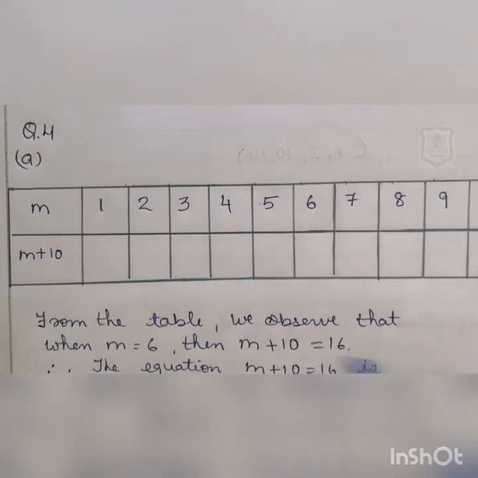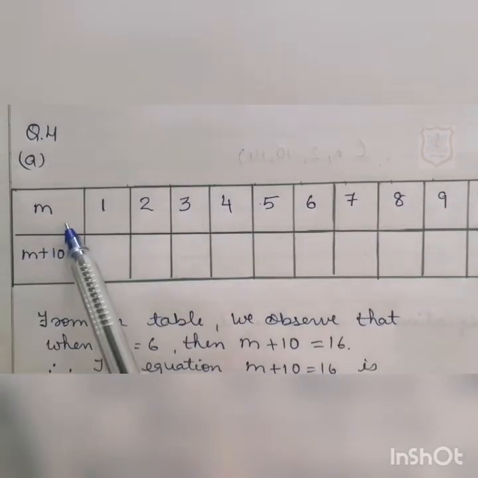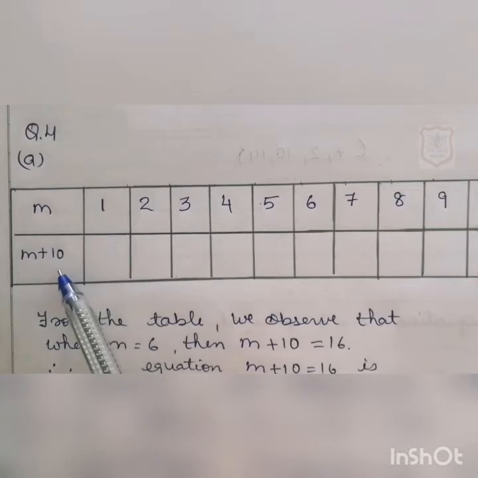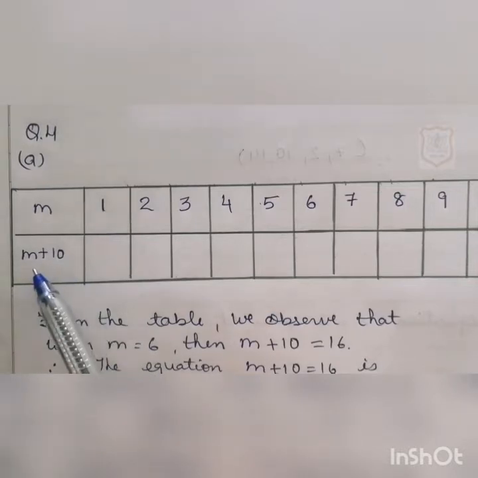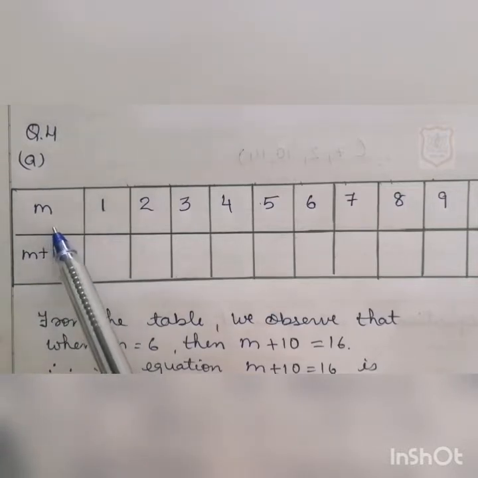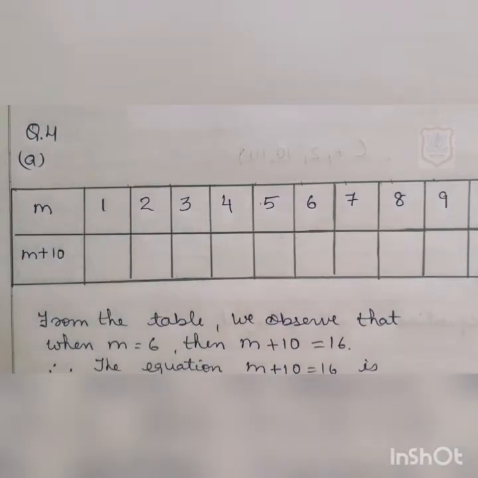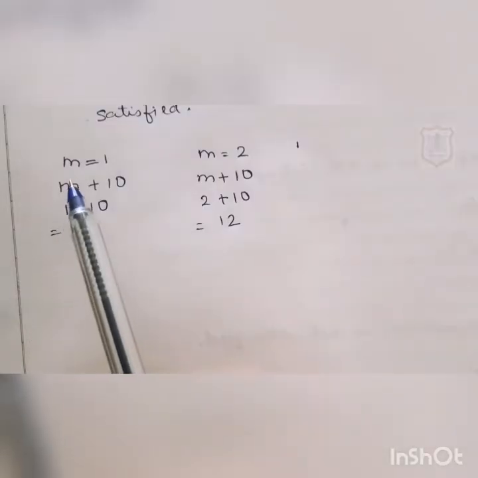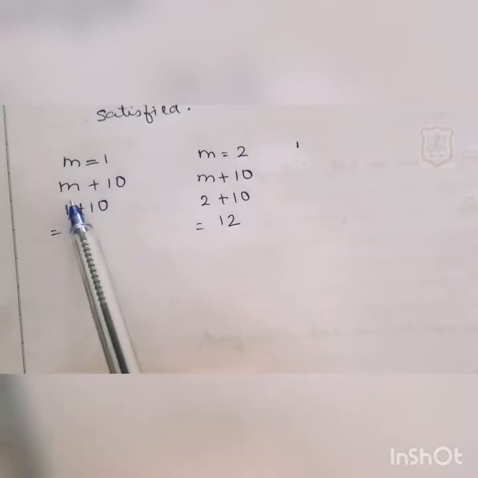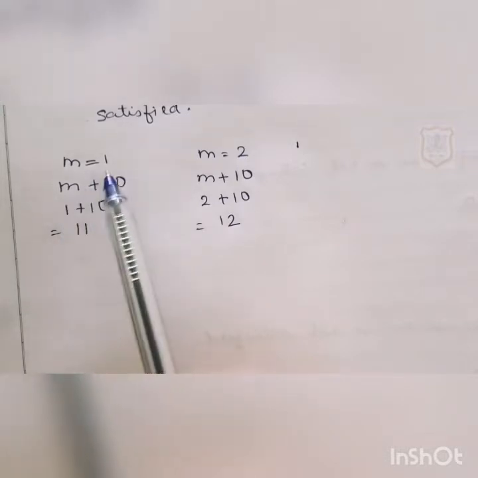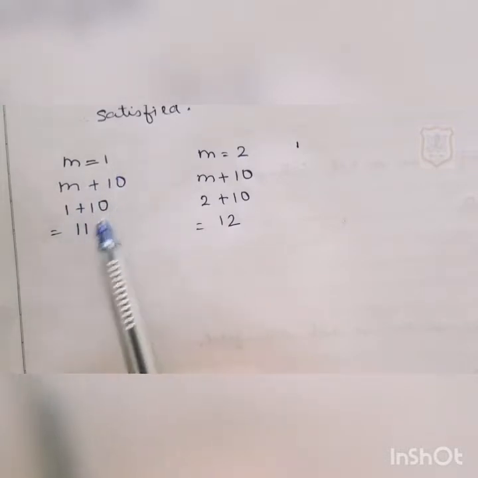Now for first, where m is equal to 1, so m plus 10 is equal to 1 plus 10, that is 11.